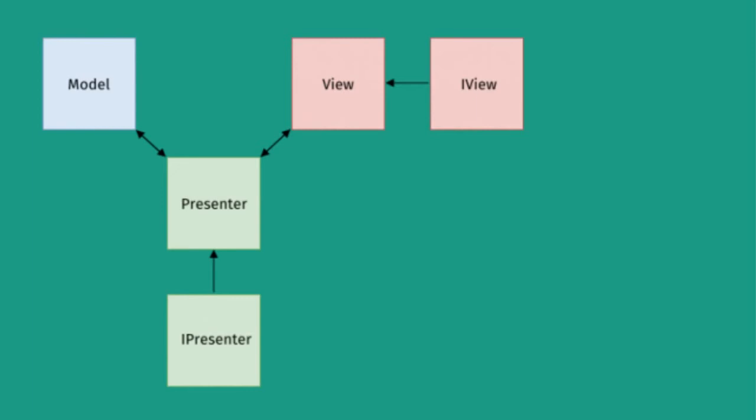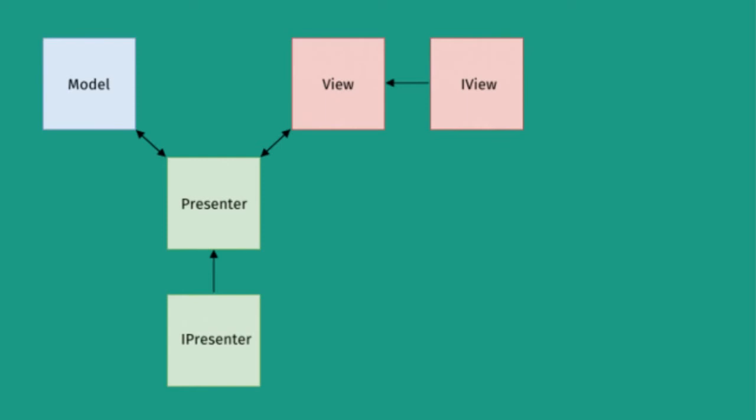What we have here is two interfaces, one for the presenter and one for the view, which will define the presenter and view. The interface will help with decoupling parts of the architecture. The interface will also form a contract between the presenter and the view. So whenever there are changes in the data, the presenter will be notified first that the data has been changed.